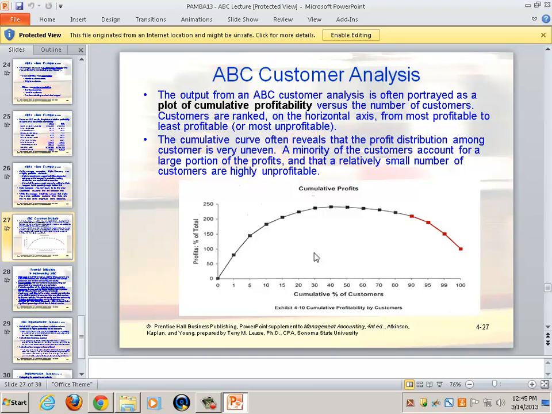Well, not only does it tell you what a pattern of profitability is, but since, you know, possible customers. As you know, it's ranked that way.